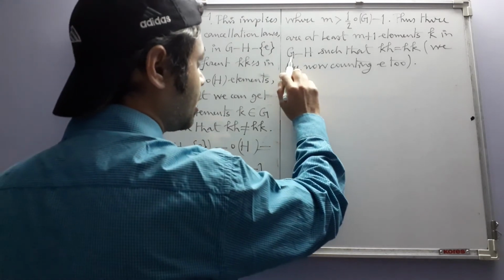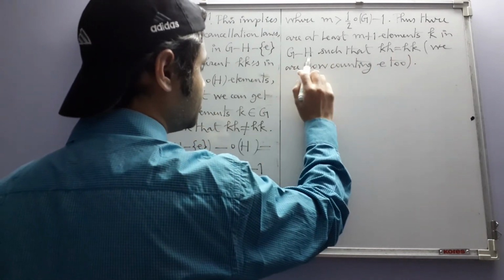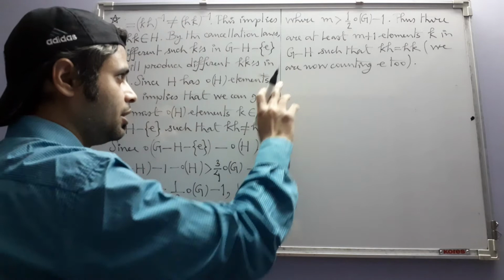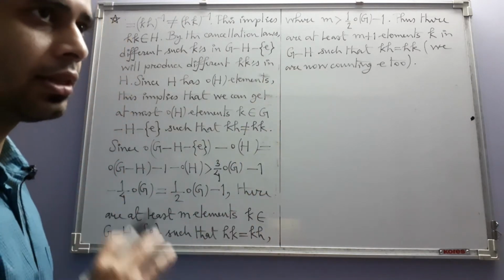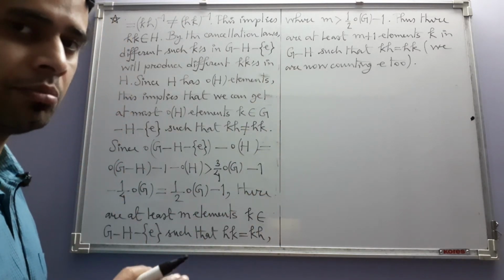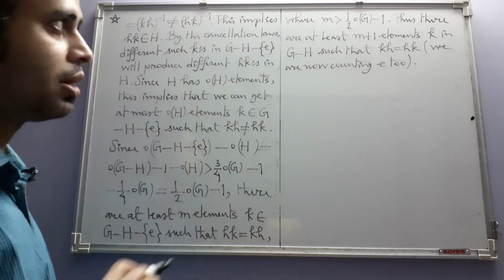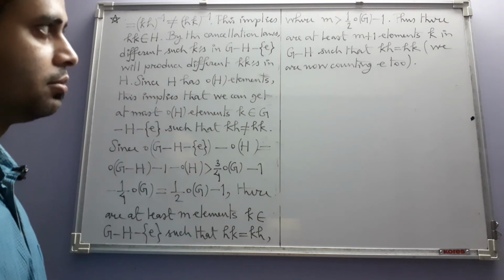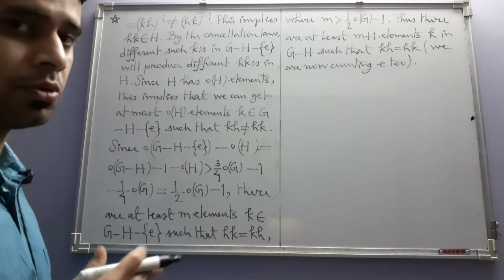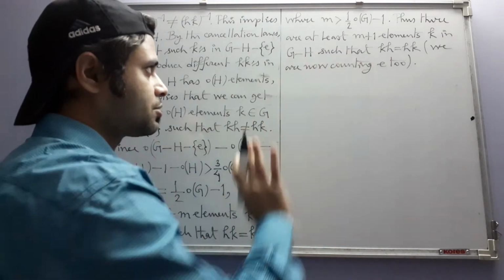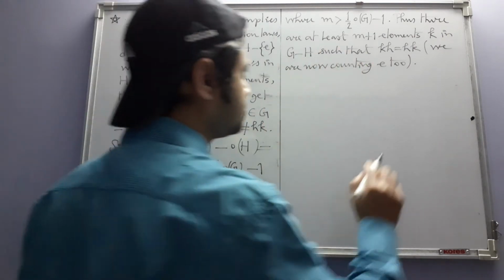Actually, since we are considering elements from G minus H, we are not considering all the elements of G that may commute with small h. But okay, there may be more elements, but at least m plus 1 are there.